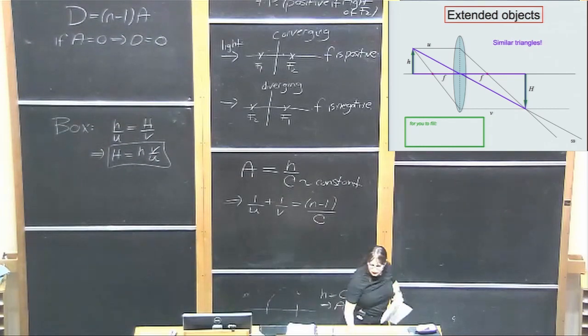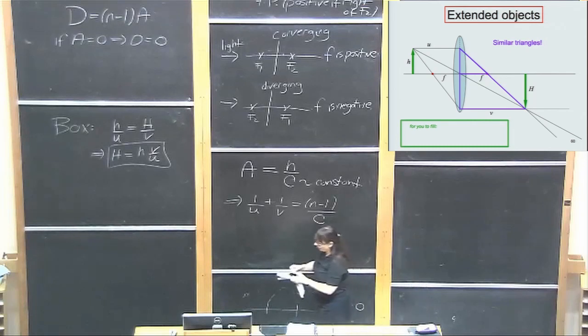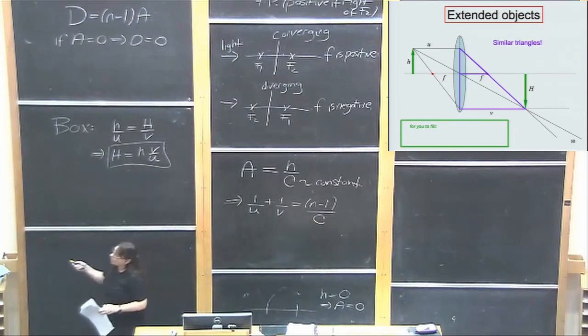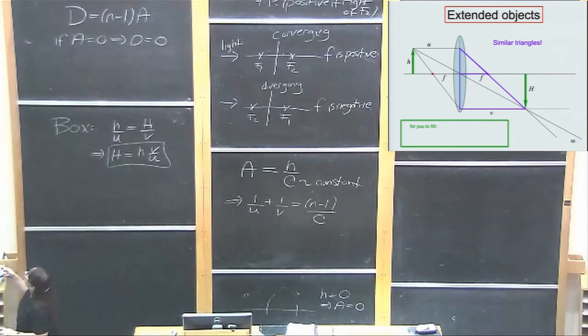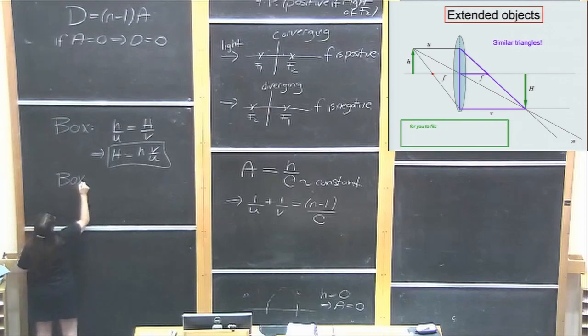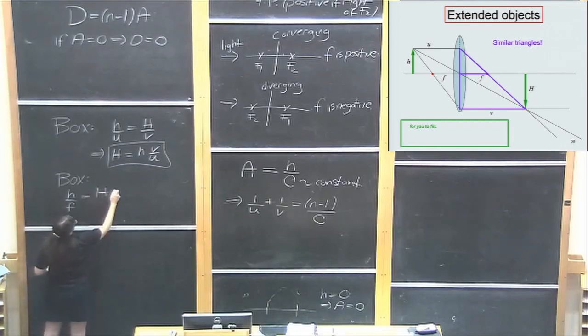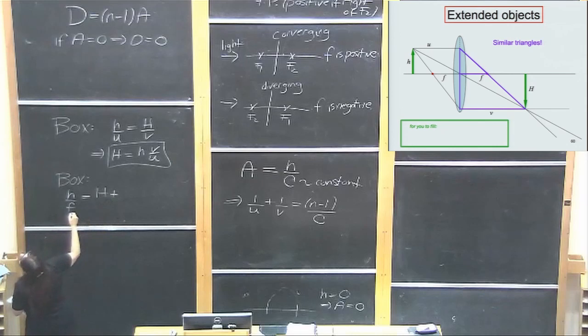Okay, so on the next slide we're going to look at some different similar triangles. We're now bringing in the top ray and also the bottom ray. And what we can see from this is that h over f is given by h plus h over v.